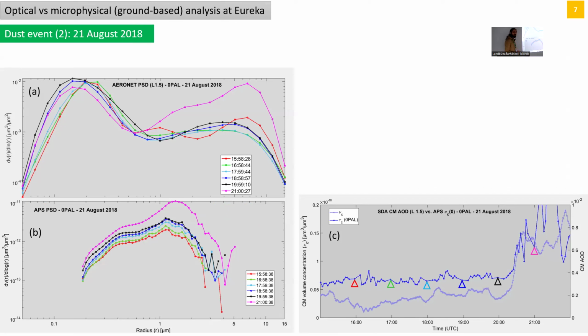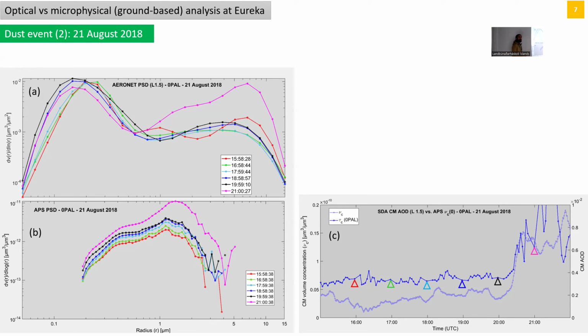This is another event on the 21st of August 2018. Here you can see the optical and macrophysical analysis of a dust event. Figure A shows the AERONET inversion particle size distributions, and figure B shows the APS particle size distribution.